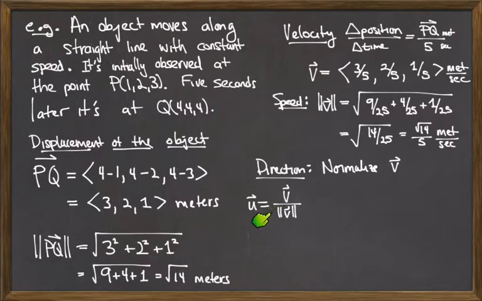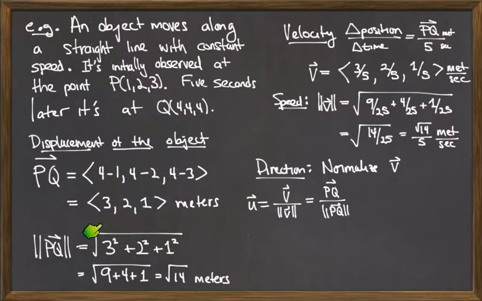Here I'll take v and divide it by its length. That's called normalizing it. Now PQ also points in the same direction as well, so you're welcome to take PQ and normalize it, which means divide by its length. Both of these will be unit vectors pointing in the same direction. They'll be the same vector, which we'll call u.